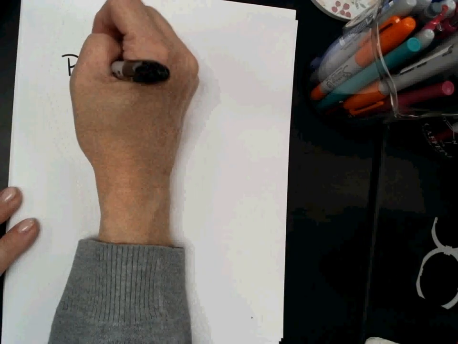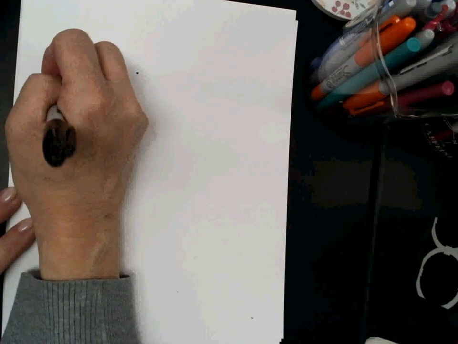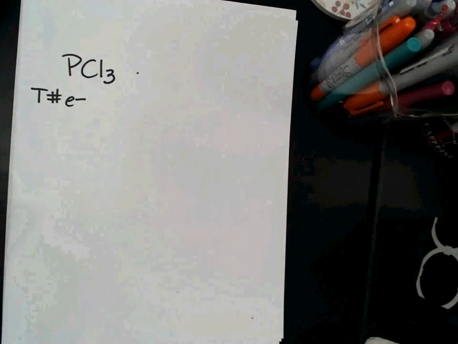Let's look at PCl3. So the first thing you're going to do is find the total number of electrons. Take a minute and do that. What's my total number of electrons?